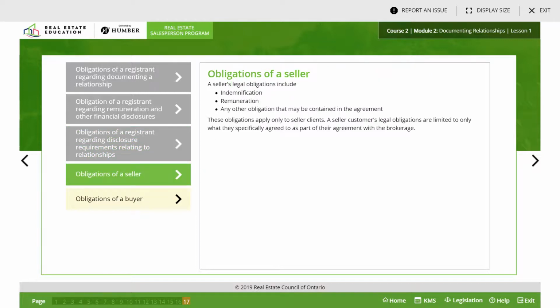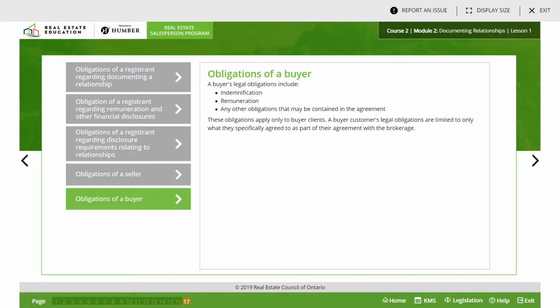A seller's legal obligations include indemnification, remuneration, and any other obligation that may be contained in the agreement. These obligations apply only to seller clients. A seller customer's legal obligations are limited to only what they specifically agreed to as part of their agreement with the brokerage. Obligations of a buyer.